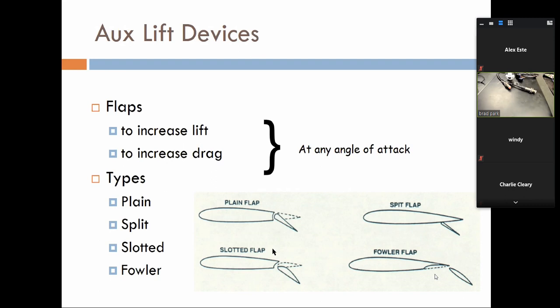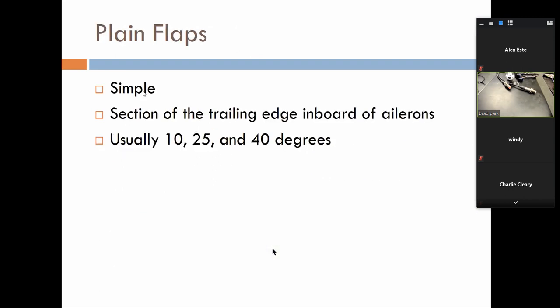So if we take a quick look at the simple one, the plain flap, again, a section of your trailing edge, inboard of your ailerons, and typically gives you 10, 25 to 40 degrees of flap. So again, very simple and easy.